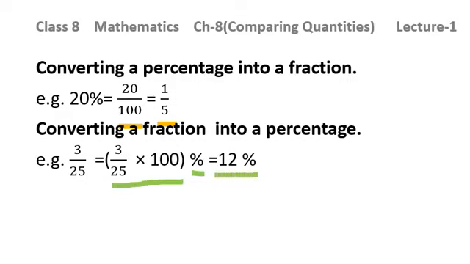This is the answer, simple as this. So converting a fraction into a percentage: 3 over 25 is multiplied by 100% and you get 12% as the answer. We have converted 3 by 25 into a percentage as 12%.